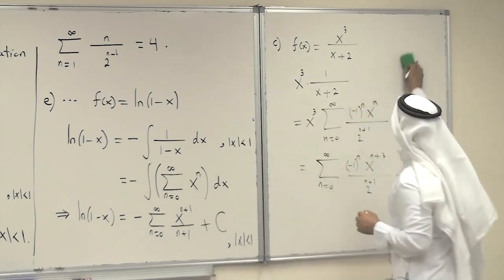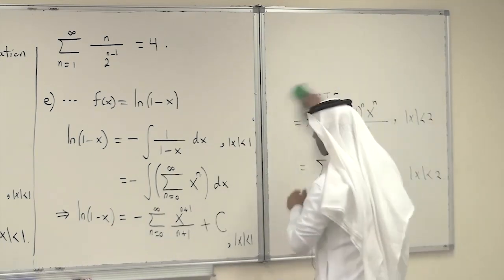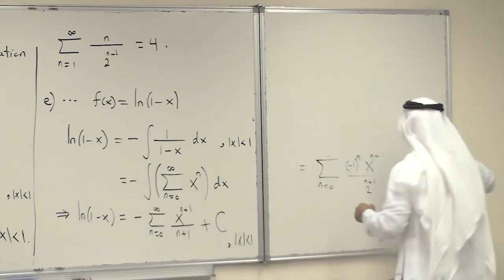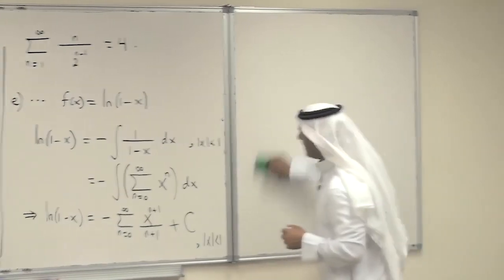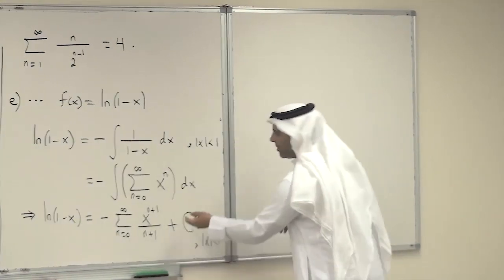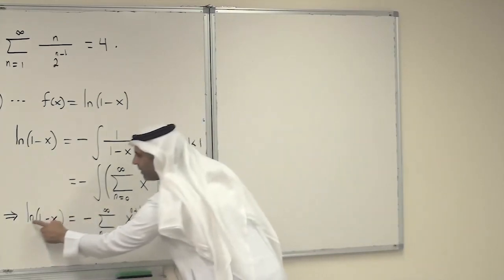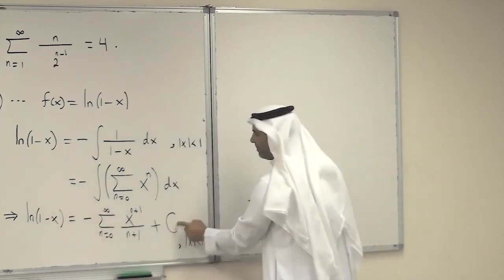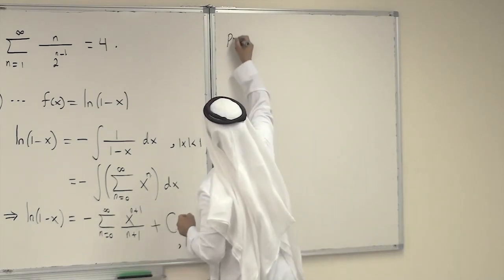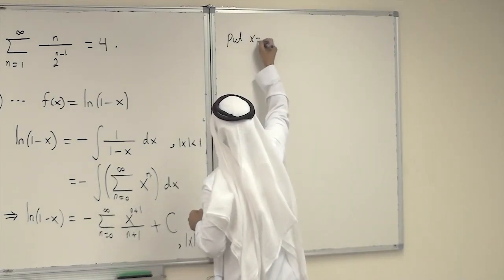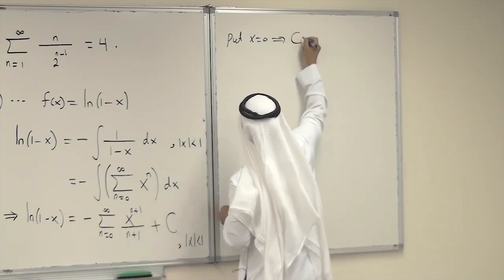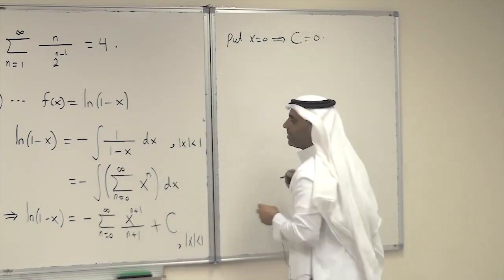Let us choose a specific point between minus 1 and 1. Say 0, for example. That's an easy point. If I substitute 0 on both sides, here I will have 0, and here I will have ln of 1, which is again 0, so this implies c equal to 0. So what does it mean?